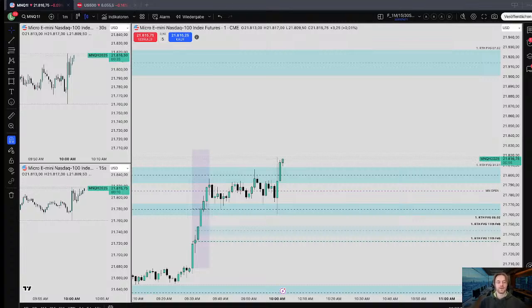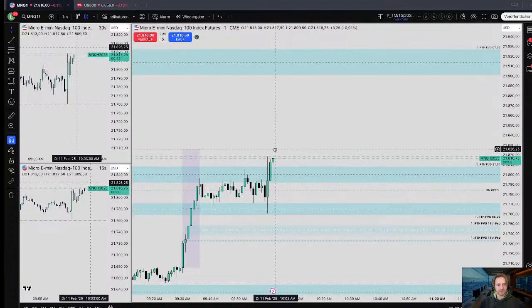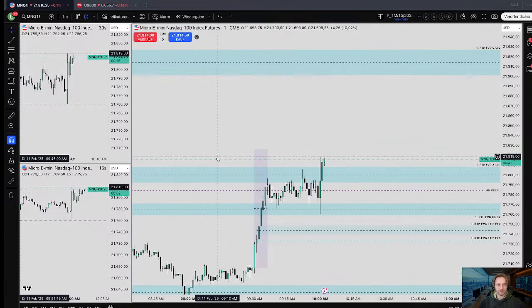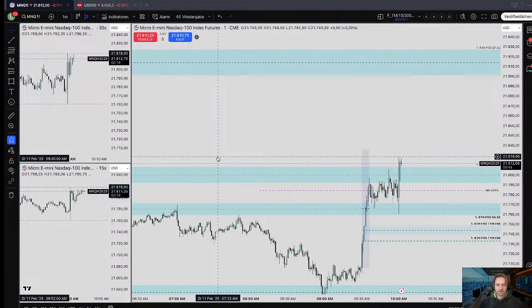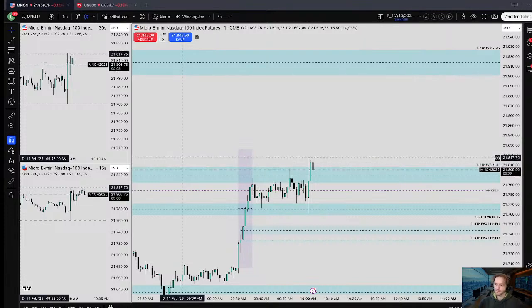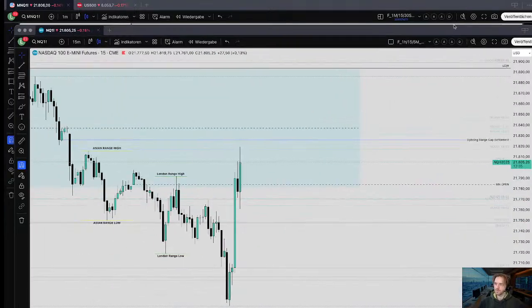Okay, so we closed above the fair value gap here. Do we get some levels in here? We have this new day opening gap from the 8th of February. You see it here, this level.